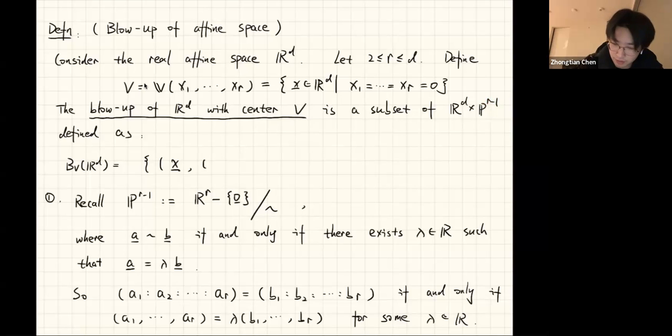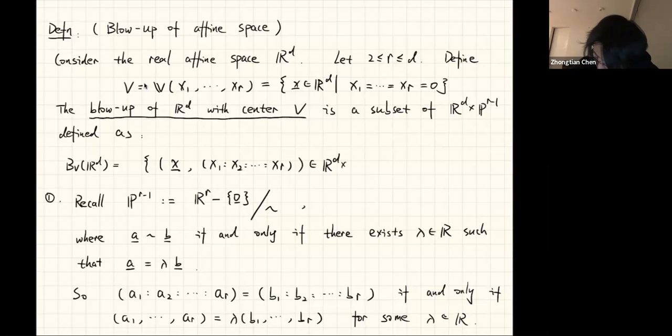This P is called projective space. The condition is that x is not sitting inside the center.